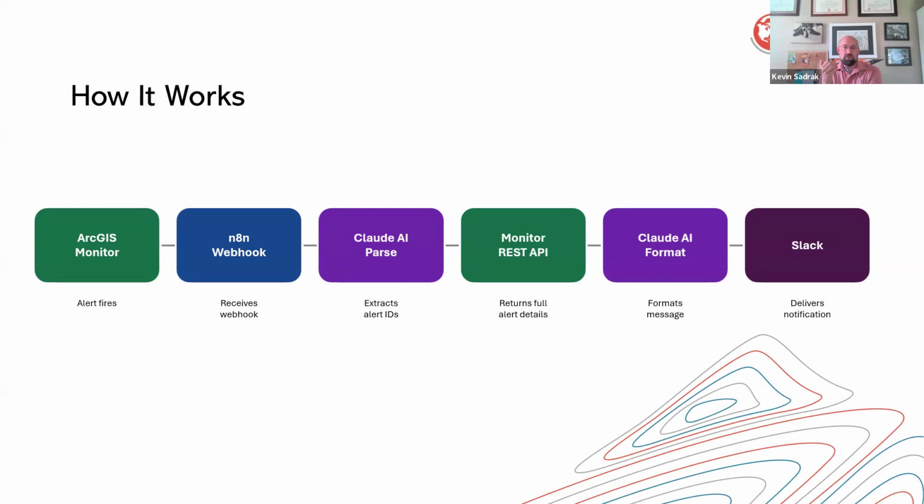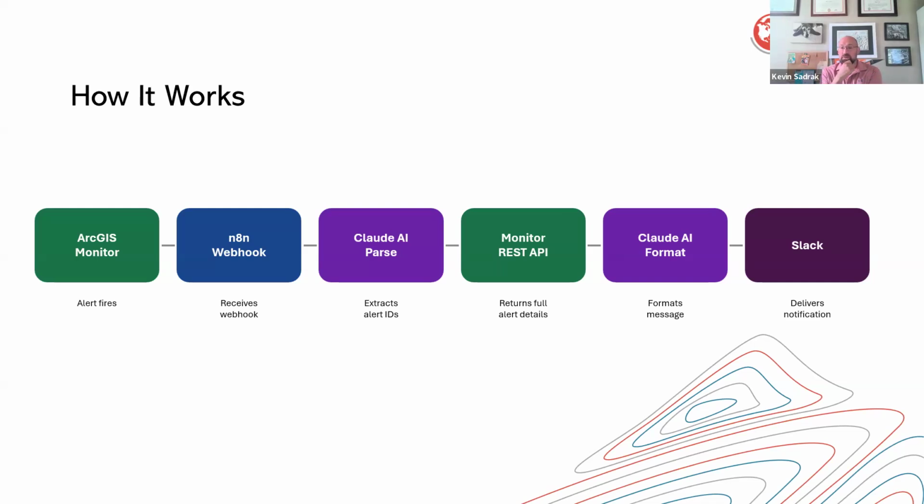So you've got a website, a web URL, a link that is always listening, and then you phone home. In this case, ArcGIS Monitor has an alert and sends the webhook, the phone home, over to N8N. Once N8N receives the information out of Monitor, it starts up this workflow process.